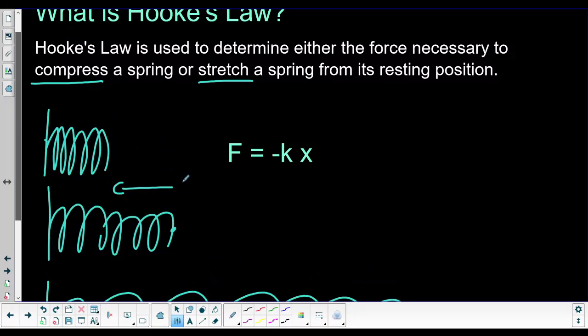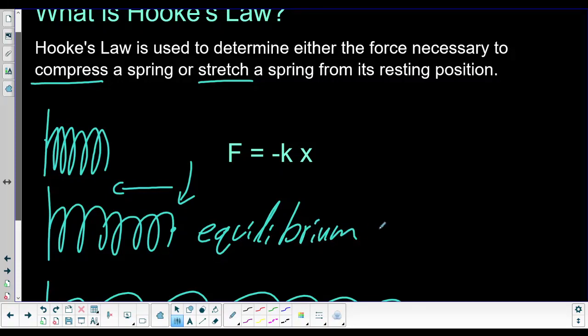And then most springs have a position where they're happy to just chill at. We're going to call this the equilibrium position. Equilibrium, sound it out. Position, meaning it's like at a happy resting state. This is where it just wants to chill at, right? It's vibing.